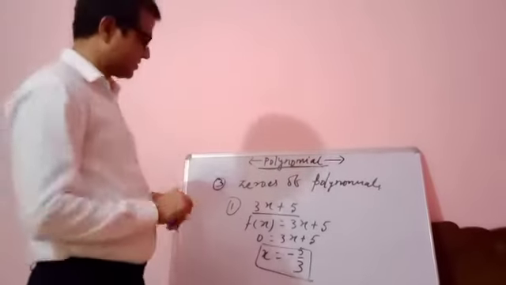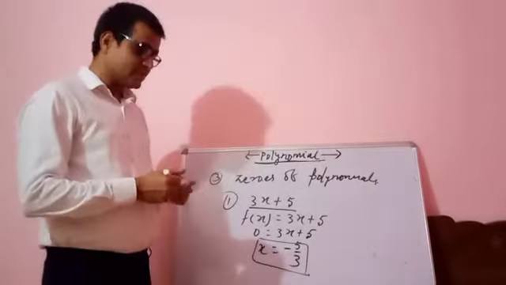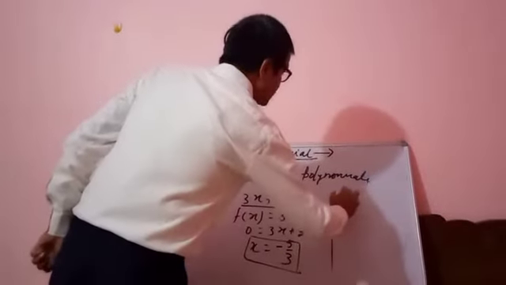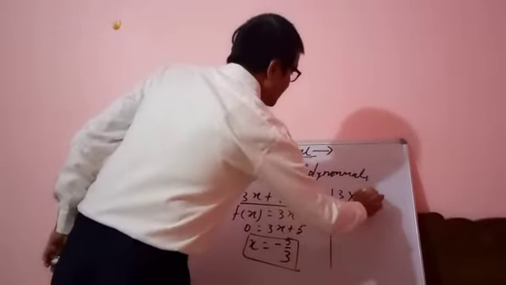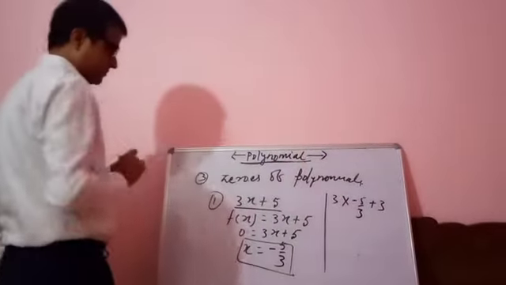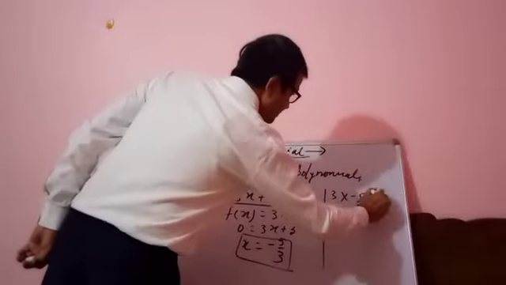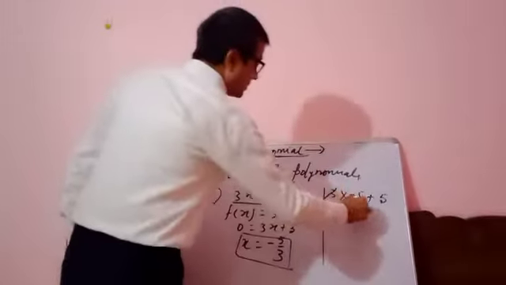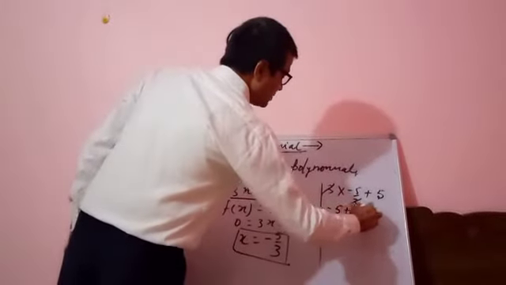Now the question is, let me finalize this, what is happening in this 3x + 5 if we put -5/3 in it? 3 times -5/3 plus 5, solve it, see what is coming: -5 + 5, what is coming? 0.